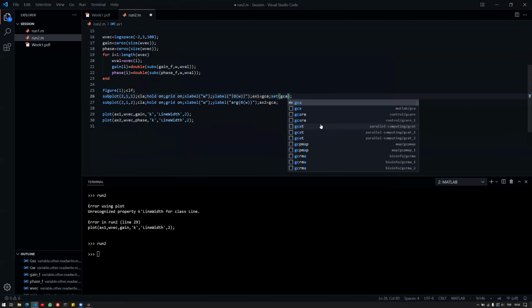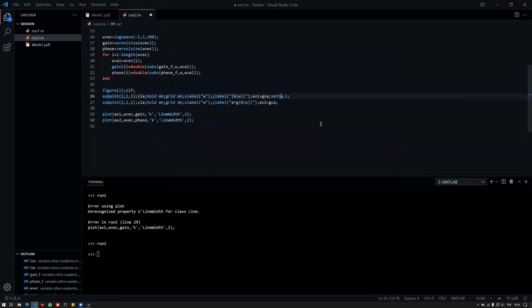So we will provide the current axis. You can also provide AX1 and set the x scale function, so the scaling function, to log. Because now, if we look at get AX1 and look at x scale, you will see that it is linear, but we want to have logarithmic, so log.